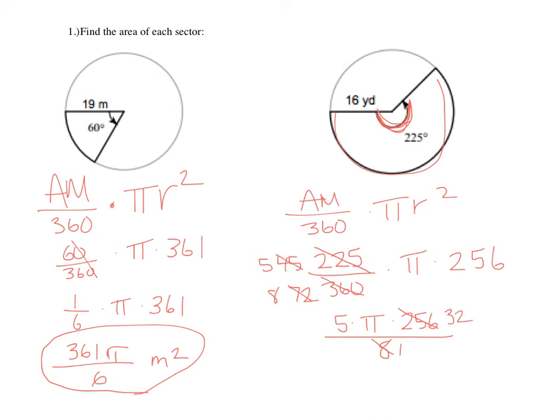So my final answer is 5 times 32, which is 160 pi. And this will be in yards squared. So the area of this sector here is 160 pi yards squared.